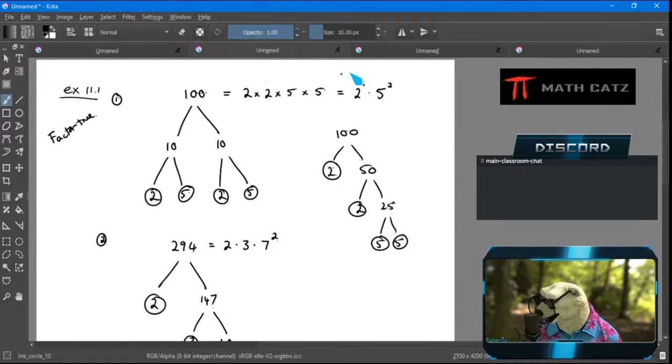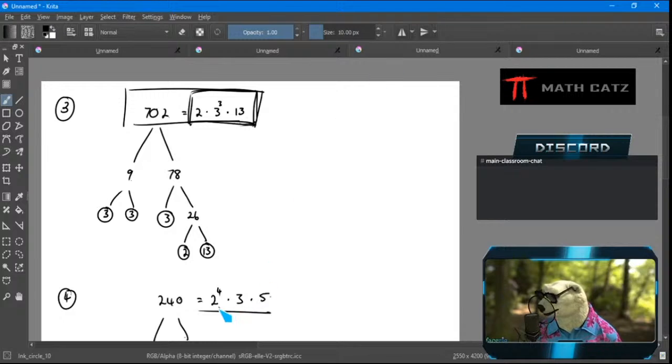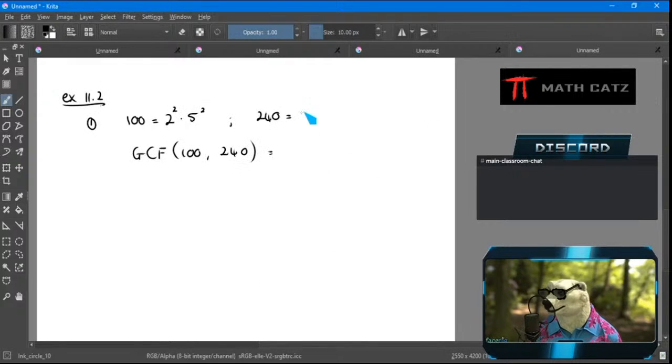Where was that? Over here. 2 to the power of 4, 3, and 5. So it doesn't matter that they come from the factor tree. I just need to see their building blocks, and those are the numbers in question here.